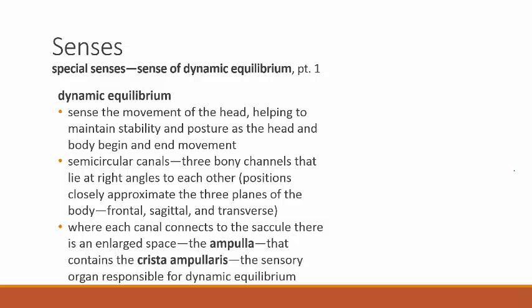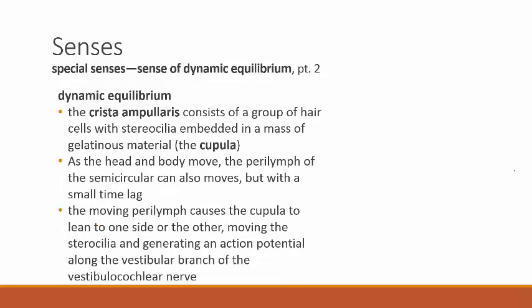So where each of the canals connects to the saccule, there's an enlarged space. It's called the ampulla, and in it is the organ of dynamic equilibrium, the crista ampullaris. That's the sensory organ, and a picture of that is found on page 467.